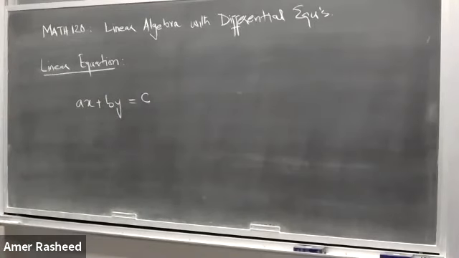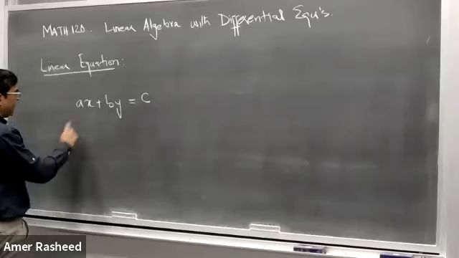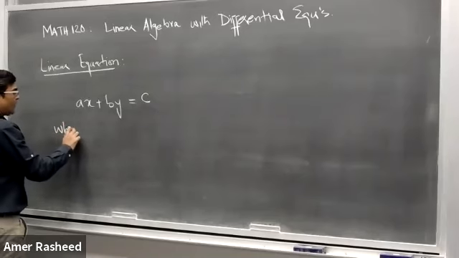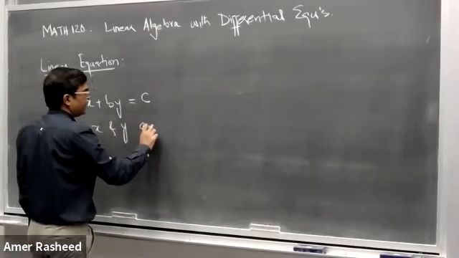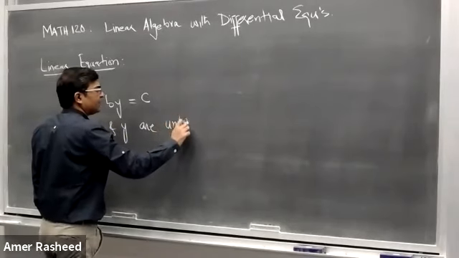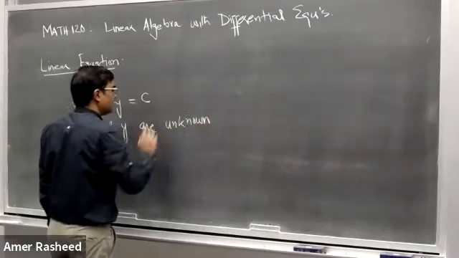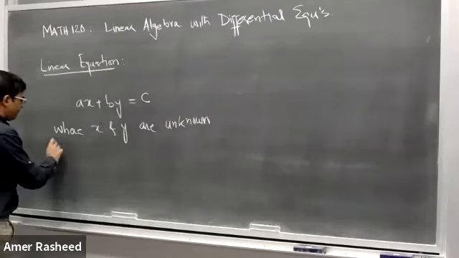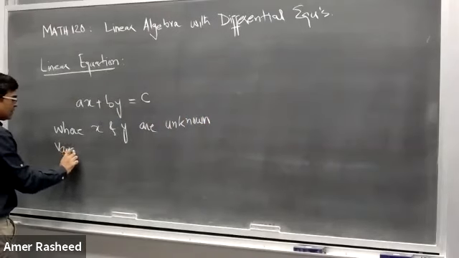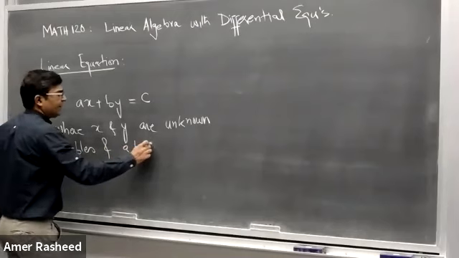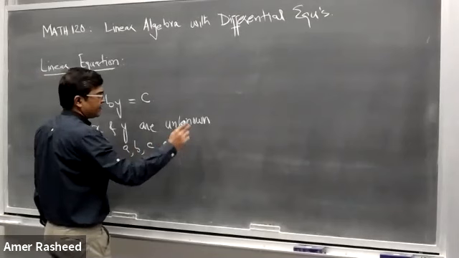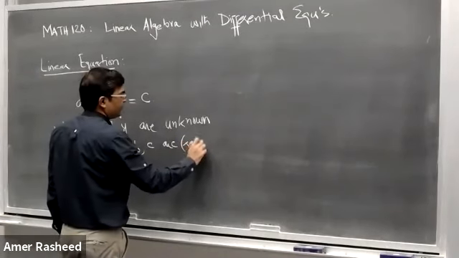This is a linear equation in two unknowns, or in two variables, where x and y are unknown variables, and a, b, c are real constants.